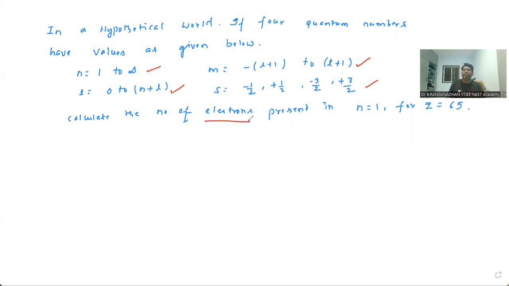Calculate the number of electrons present in n equals 1 and Z equals 65.